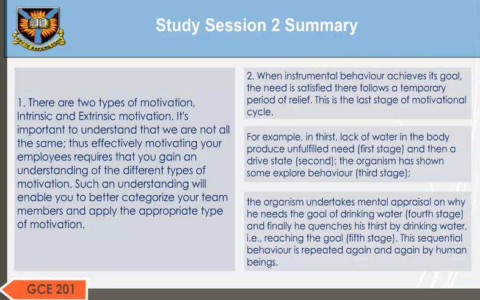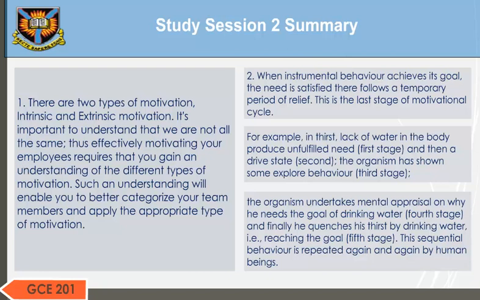2. When instrumental behavior achieves its goal, the need is satisfied, there follows a temporary period of relief. This is the last stage of the motivational cycle. For example, in thirst, lack of water in the body produces unfulfilled need, first stage, and then a drive state, second.